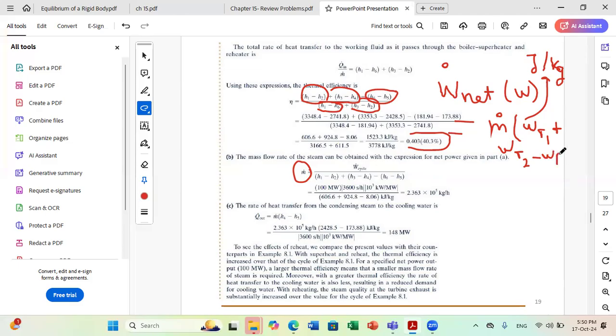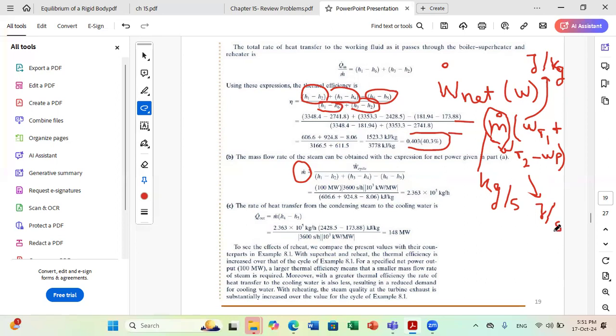All of these are in joule per kilogram, and I already got their expressions. WT1 is H1 minus H2. WT2 is H3 minus H4. Small w pump is H6 minus H5. When I multiply them by M dot, which is in kilogram per second, the kilogram will cancel out, and the unit will be joule per second, which is watts.